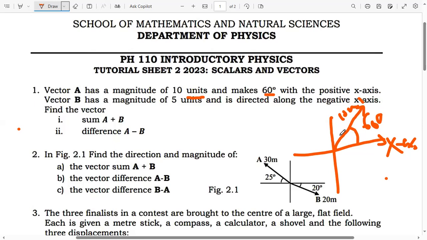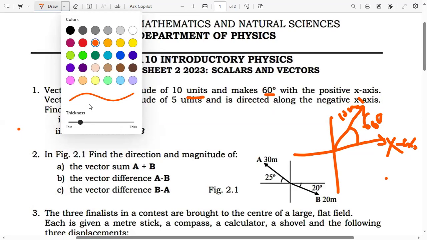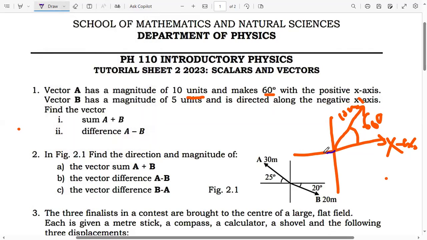And then the other vector that we've been given here is the vector B, which has a magnitude of 5 units and is directed along the negative x-axis. So along the negative x-axis, it means it's just within this axis here. This is negative. So we have this one, which is 5 units long. So what is the angle when this vector is along the negative x-axis?